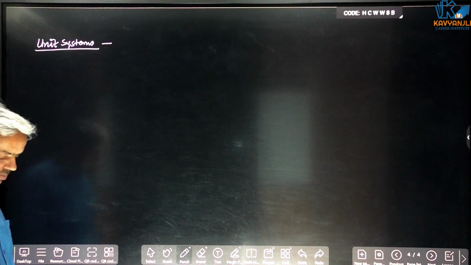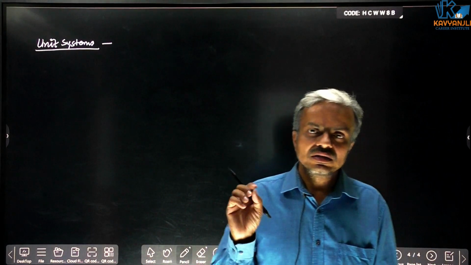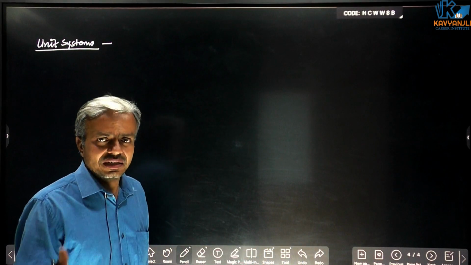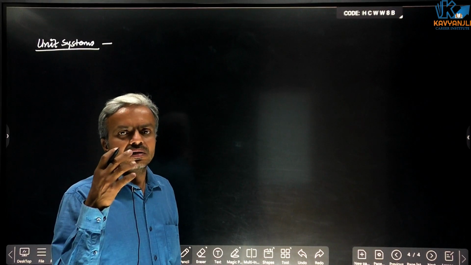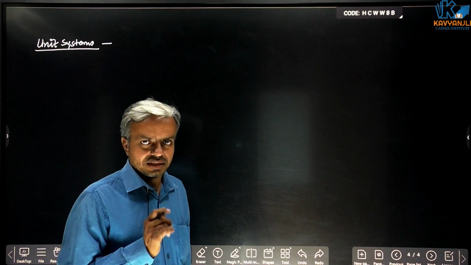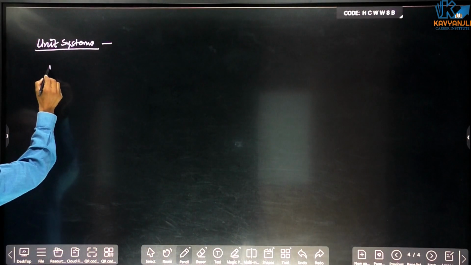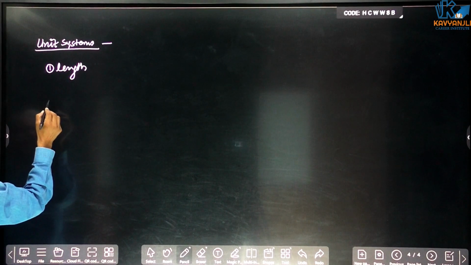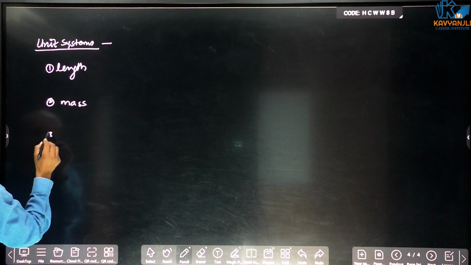Unit systems. So in different parts of the world, many persons or societies or tribes are choosing different units for the physical quantities. So we have three fundamental physical quantities: length, mass, and third is time.